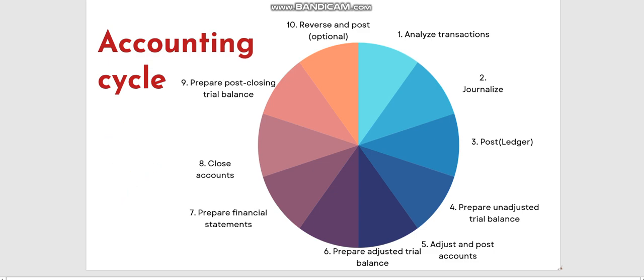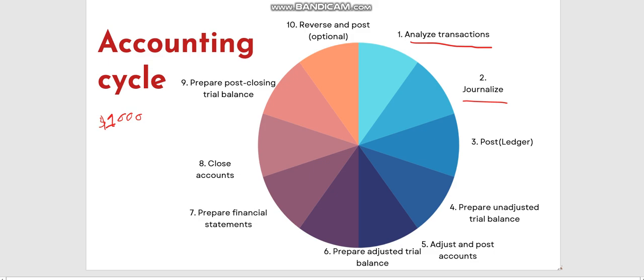That being said, analyzing transactions is determining and identifying transactions, and then we have journalizing. Journalizing is the double entry system. So first we identify a transaction. A transaction might be the owner putting 1,000 US dollars into the business.